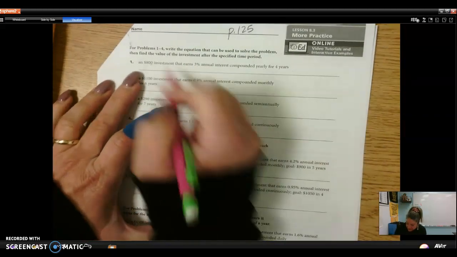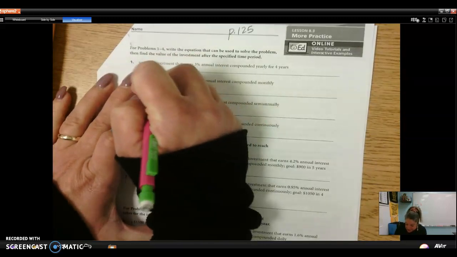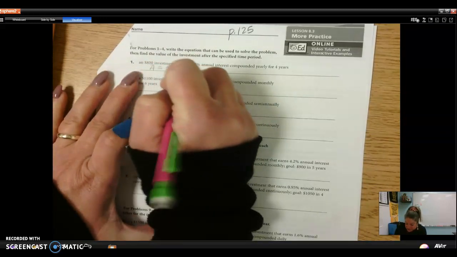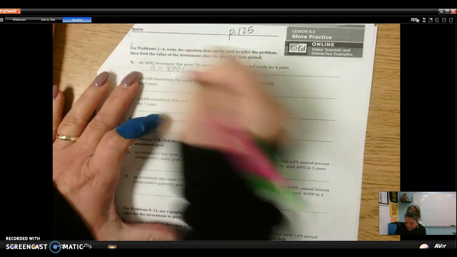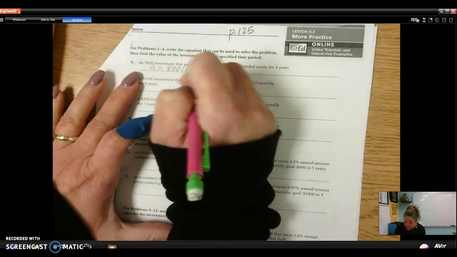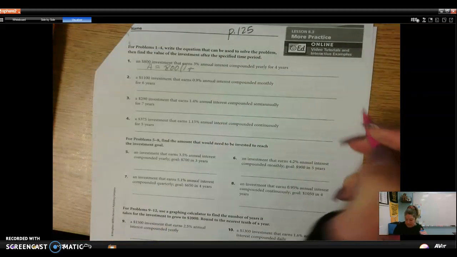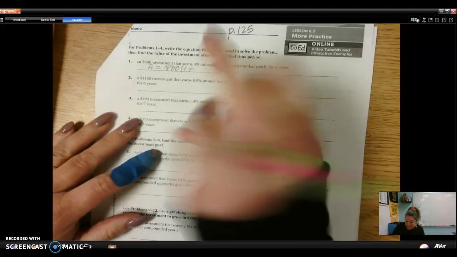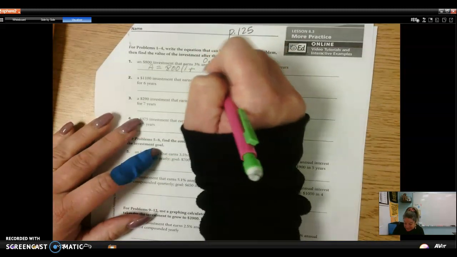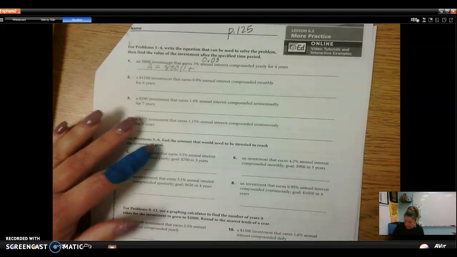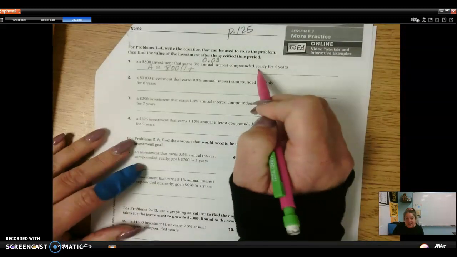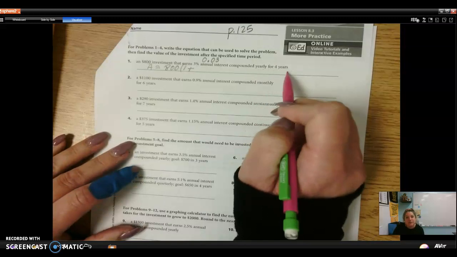All right, so here we go. $800 investment. So we're going to do A equals, my initial amount is 800. Then I'm going to do 1 plus, right, because we're adding in that money. It's a 3% annual interest, which as a decimal is 0.03, okay? And it says that it's compounded yearly for 4 years.